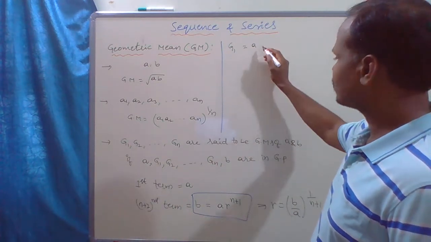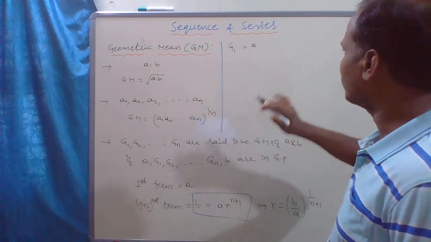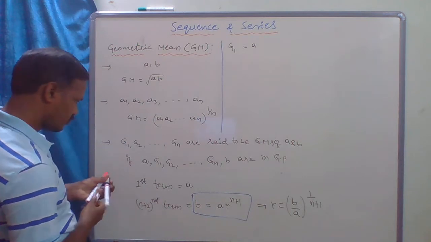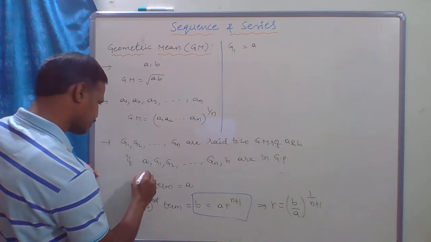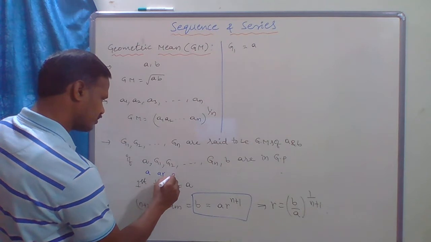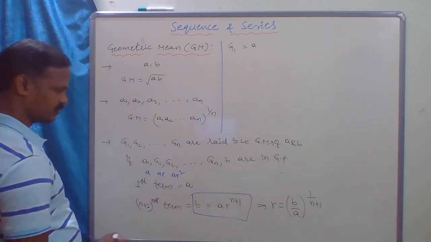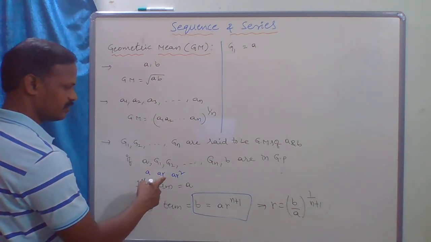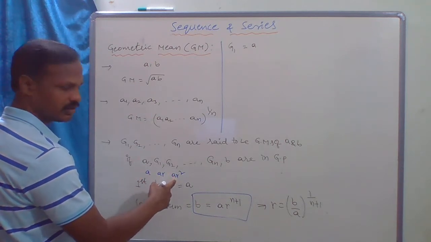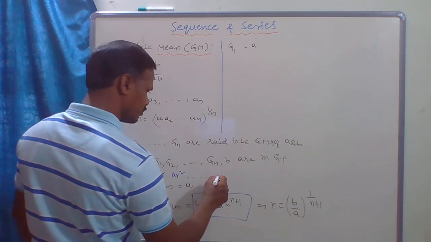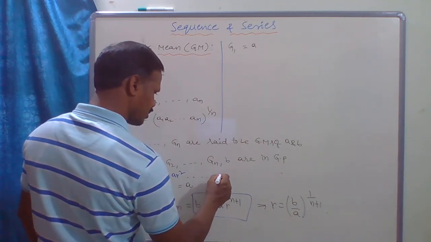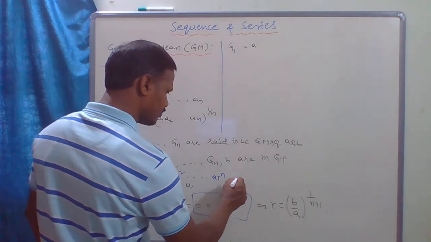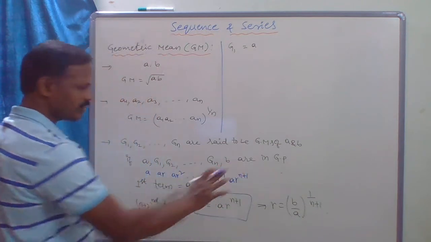So actually the terms will be like, this is A, this is AR, this is AR square. The first term A, second term AR, third term AR square, and so on, this is AR power n and this is AR power n plus 1. Total n plus 2 terms.